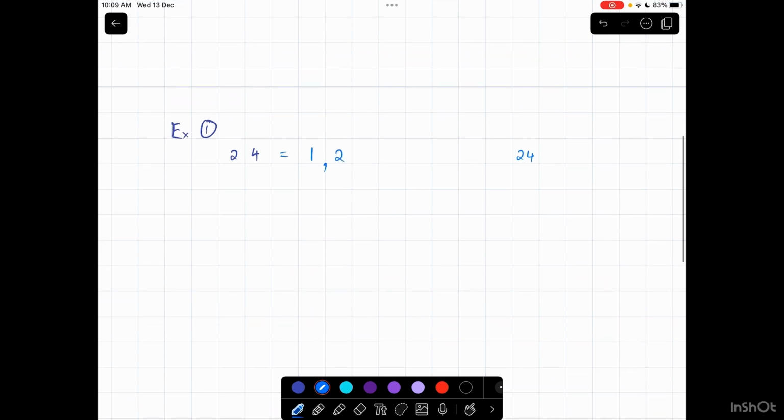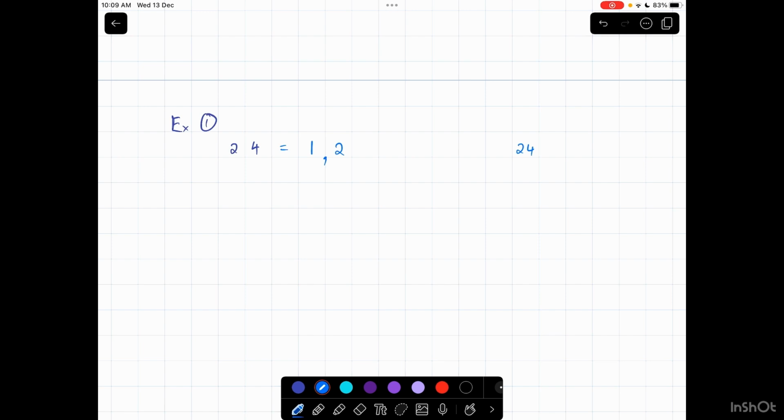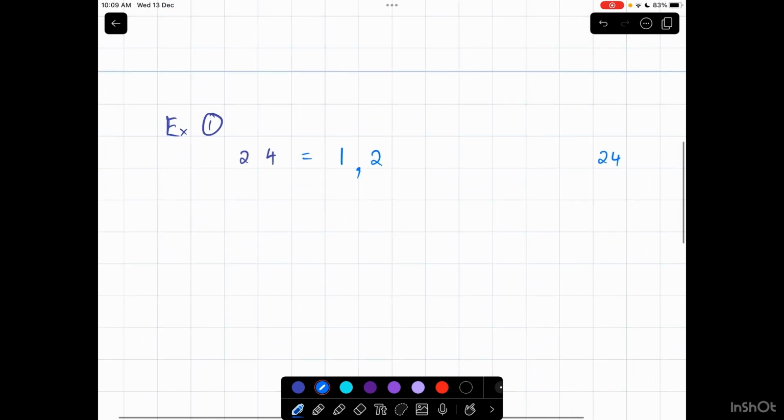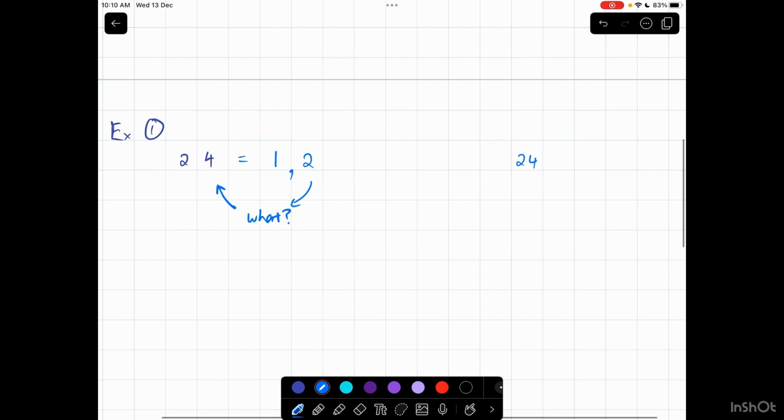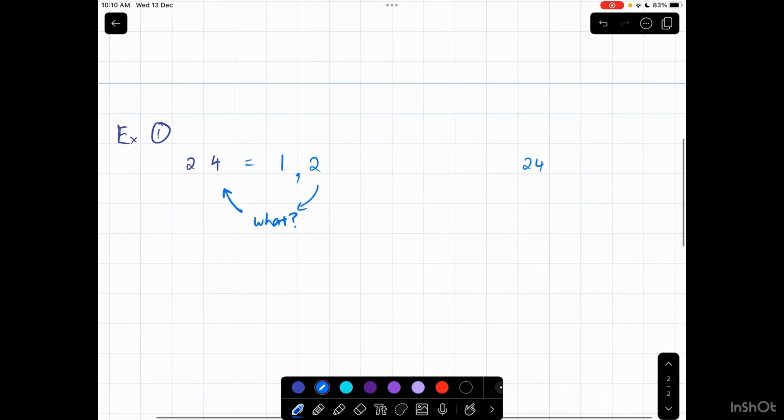But instead of going to the next integer in ascending order, what I tend to do is see what times 2 will get me 24. 2 times what gives me 24? So I take 24 divided by 2 and I get 12, which will be the second last number.